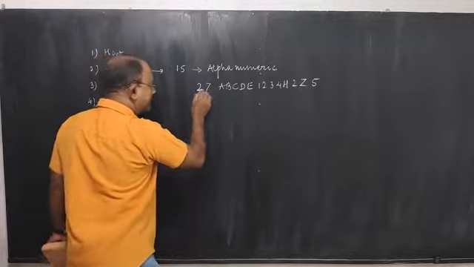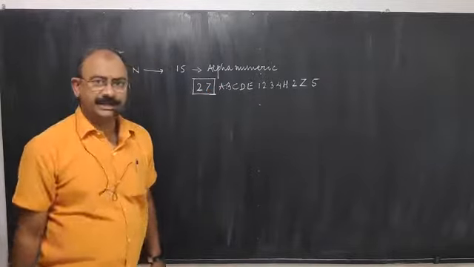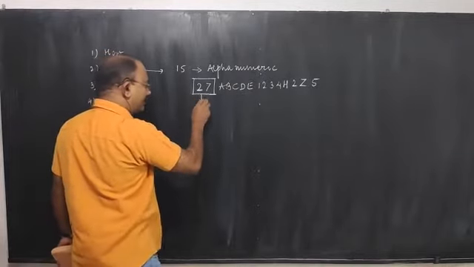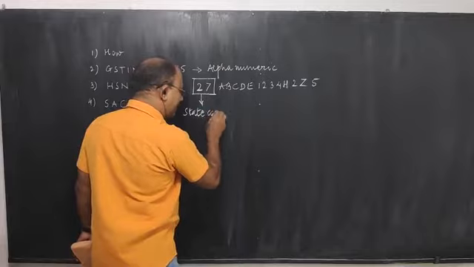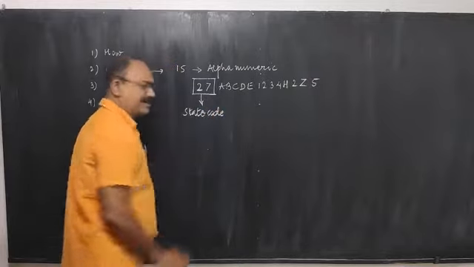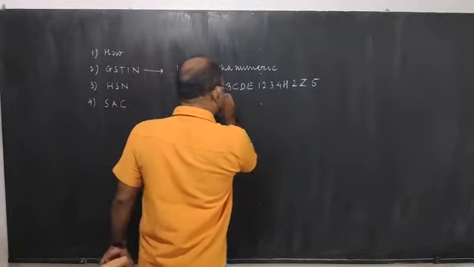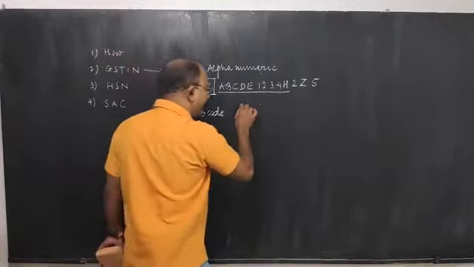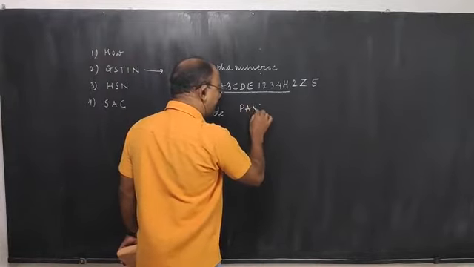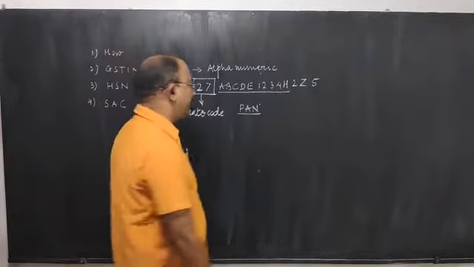Now 27, the first two digits, will be the state code. They will tell you from which state this trader is coming. Then the next 10 characters are his PAN number, permanent account number.